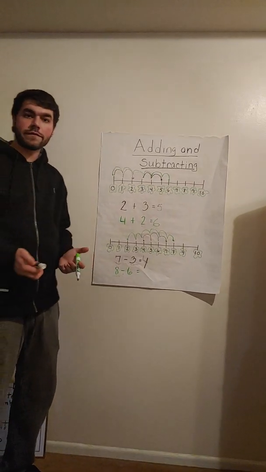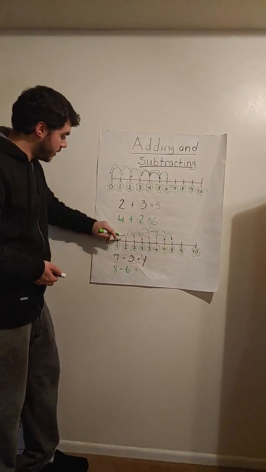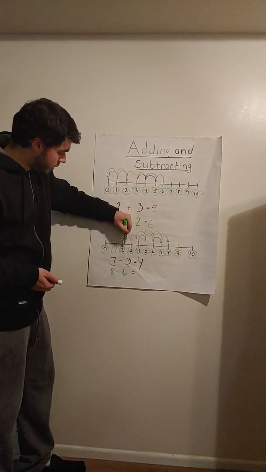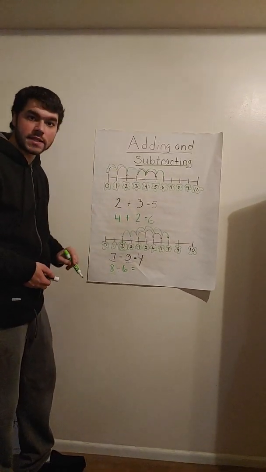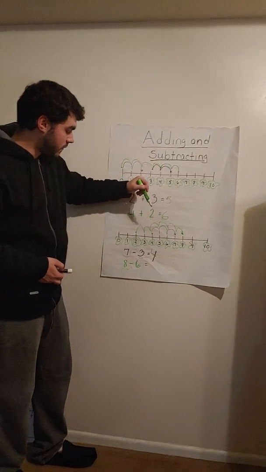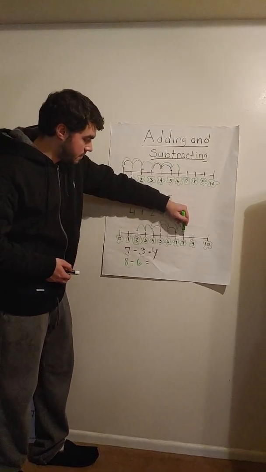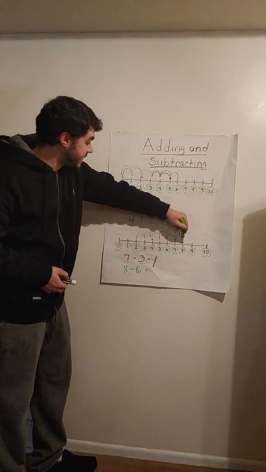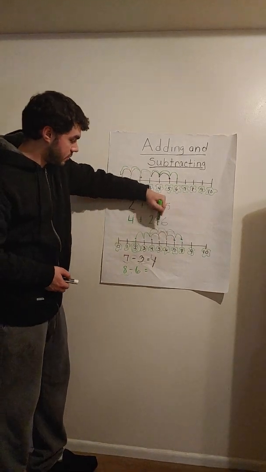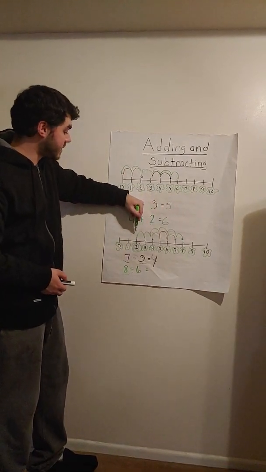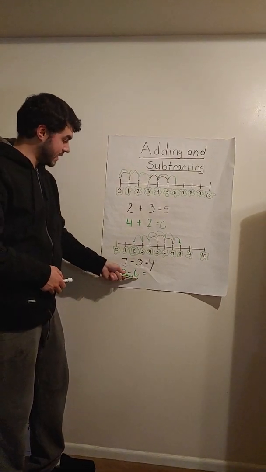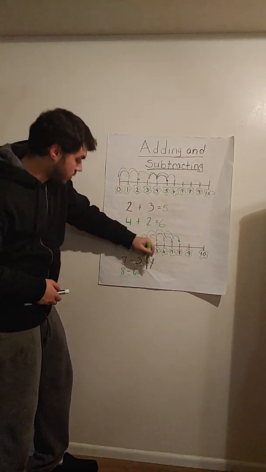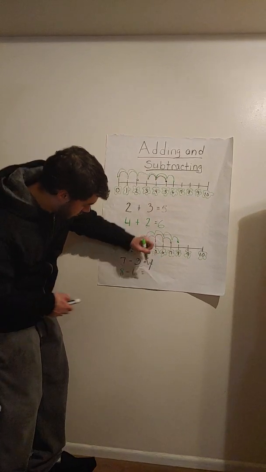So, where did our frog go this time? Well, it looks like our frog is on the 2nd lily pad. And why is that? Well, our frog started from the 8th lily pad, and we had to move by 6. So, 1, 2, 3, 4, 5, 6. That means 8 minus 6 equals 2.